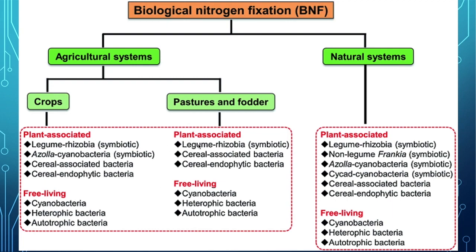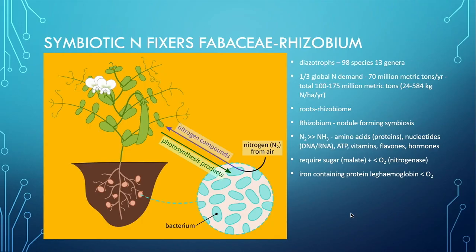Different groups of plants have different groups of organisms doing this, and the same happens in natural systems. So basically, all ecosystems contain plants that have nodule symbiotic bacteria living inside of the plant, versus free living nitrogen fixers. And this is just going deeper into this process, where we can see the nodules being formed, nitrogen coming from the air, and nitrogen compounds being fixed by the bacteria within the nodule.